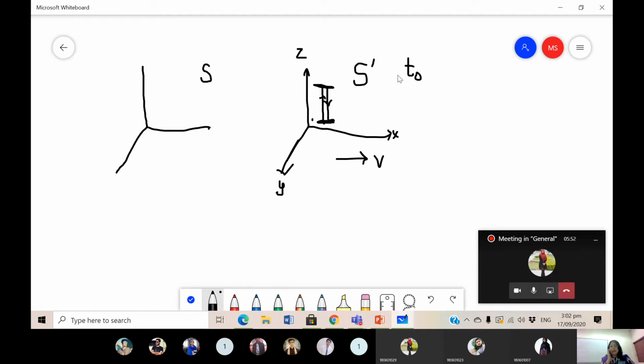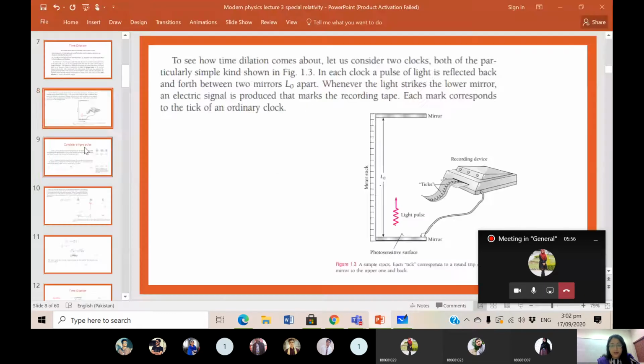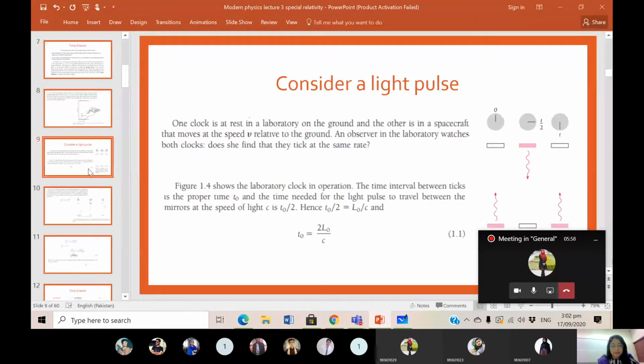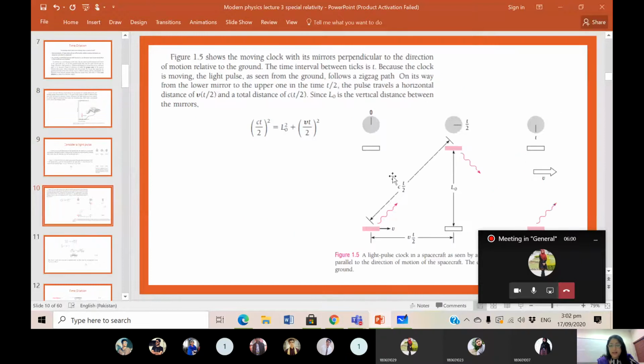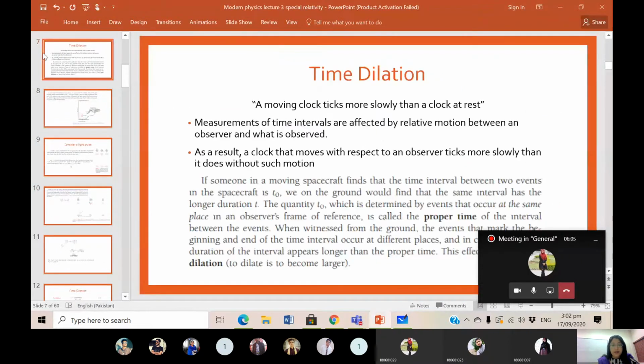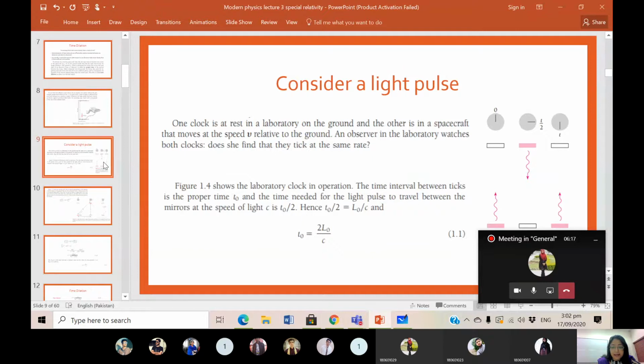And as I said in the PowerPoint, I want to show you a situation where it appears to move in a triangular path. The quantity T0 is known as the proper time of the interval between the events. What is the difference between T0 and T?